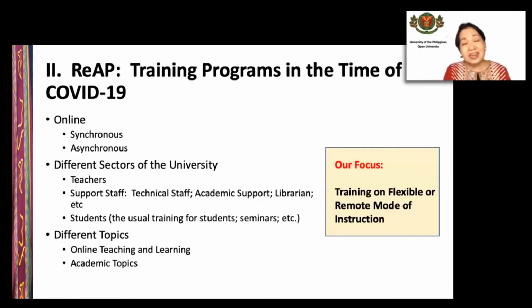As early as March, we designed many training programs, because at that time, when we were still preparing for the start of the semester, we thought that those topics were the ones needed by the teachers and by the university officials when it comes to strategic planning. So we implemented those training programs before the start of the semester. Now there were still requests coming in. But I realized that it could probably be because now that they are into this mode of instruction, now that they are doing it, they are starting to identify other challenges.